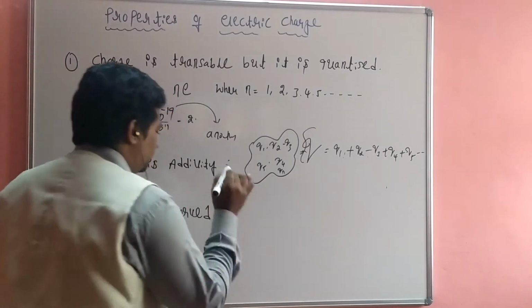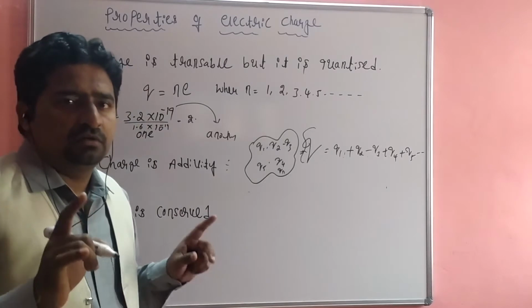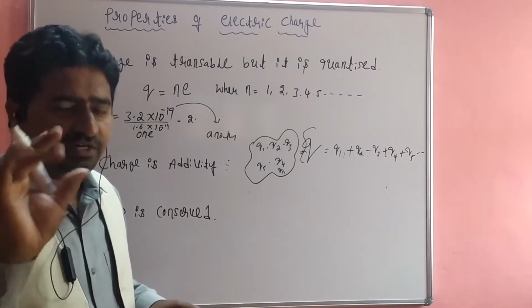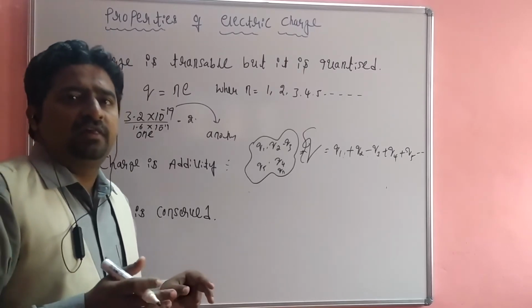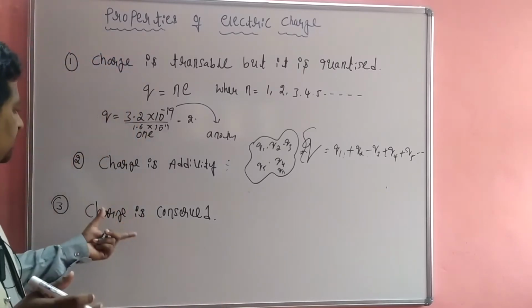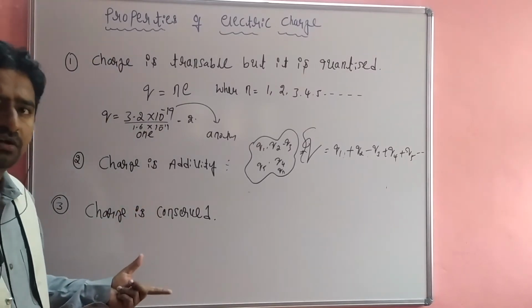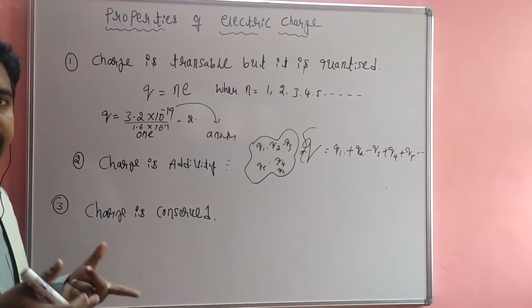Charge is conserved means that charge is neither created nor destroyed. Many students think of charge conservation in that way, but that is wrong. So what is the meaning? How is charge created and destroyed?